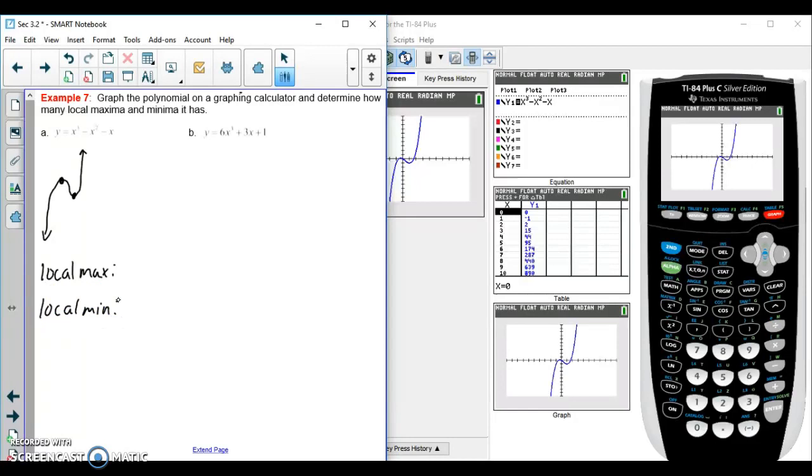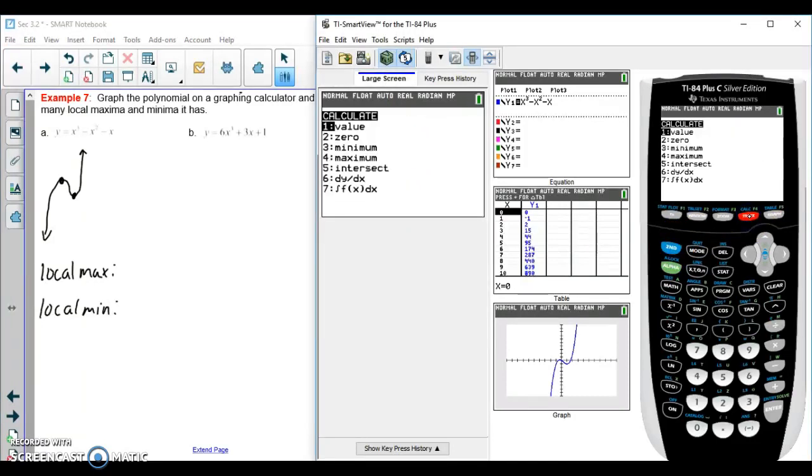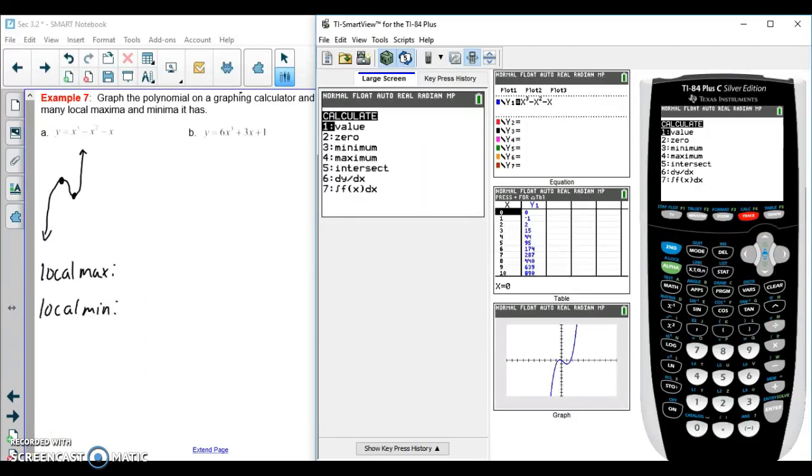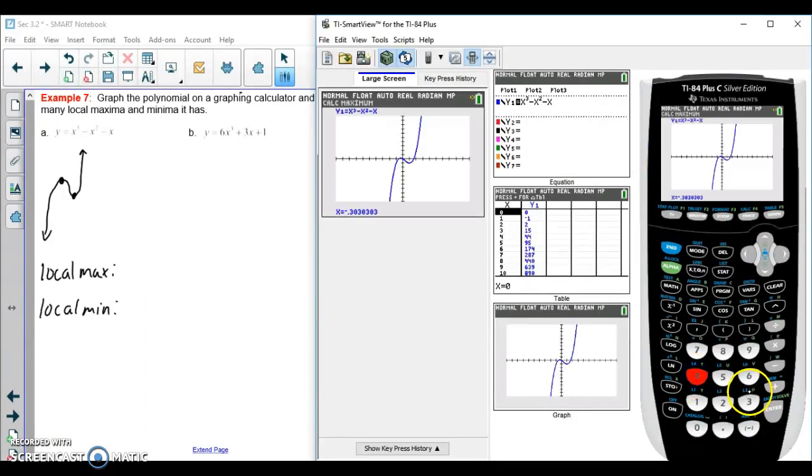For my local max, let's see if we can find this. I'm going to go second trace, go to the max, number 4, left bound down just a little bit, go over to the right bound, and again to the third one.